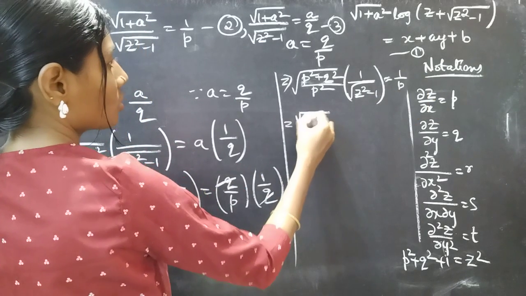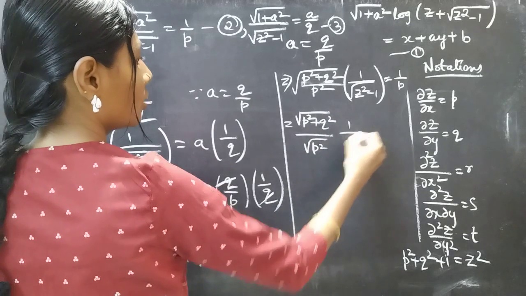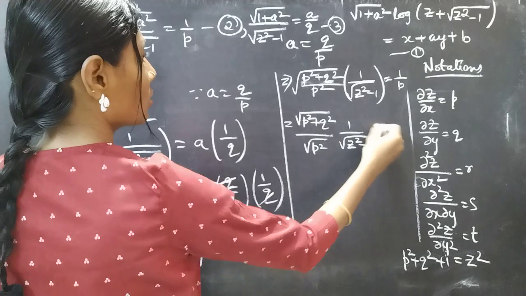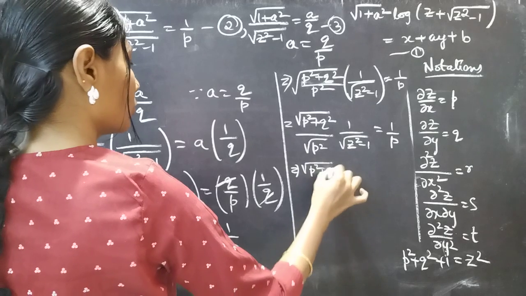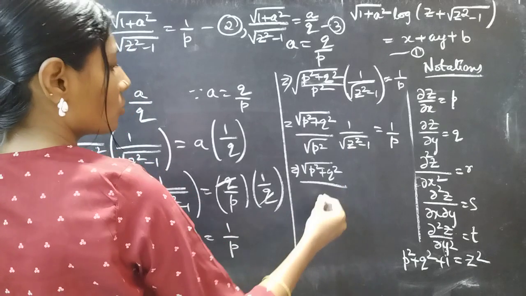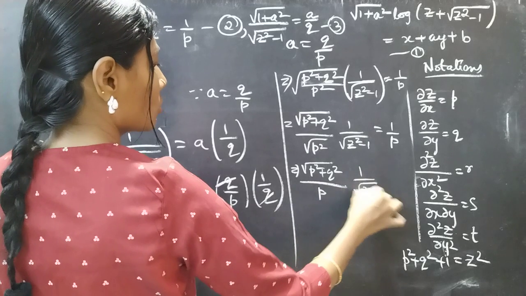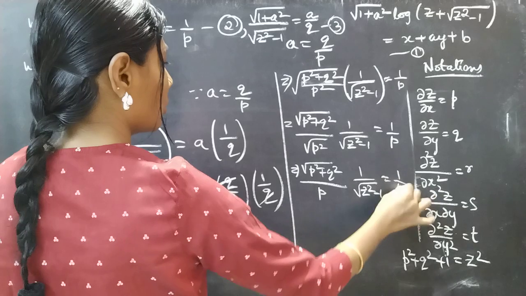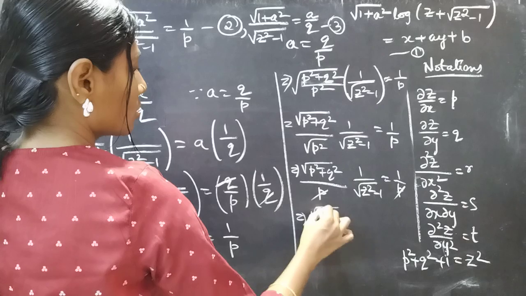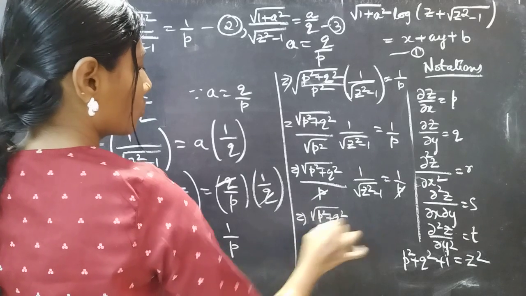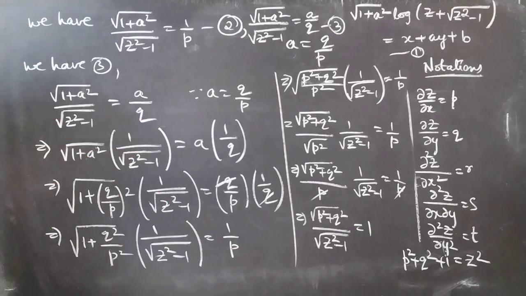Now we can split the square root as square root of p square plus q square by square root of p square into 1 by square root of z square minus 1 equal to 1 by p. We can write the square root of p square as p, right, into 1 by square root of z square minus 1 equal to 1 by p. You can just cancel this p, then you will get square root of p square plus q square by square root of z square minus 1 equal to 1.